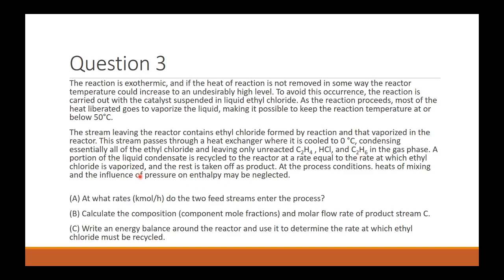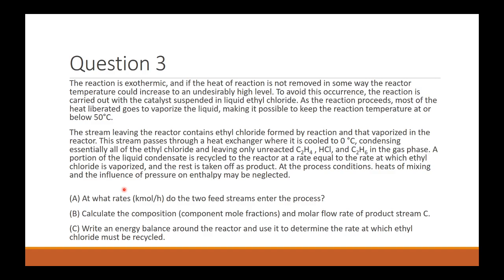A portion of the liquid condensate is recycled to the reactor at a rate equal to the rate at which ethyl chloride is vaporized, and the rest is taken off as product. At the process conditions, heats of mixing and the influence of pressure on enthalpy may be neglected.